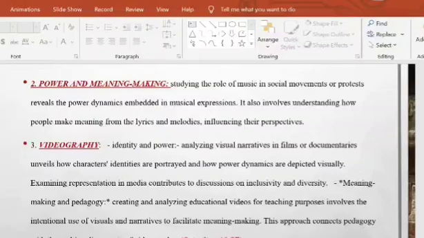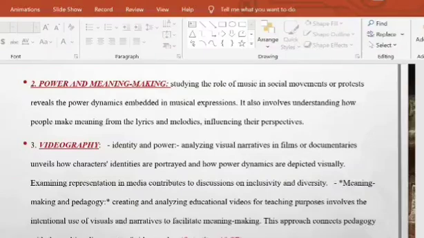Number three, videography, identity and power. Analyzing visual narratives in films or documentaries unveils how characters' identities are portrayed and how power dynamics are depicted visually. Examining representation in media contributes to discussions on inclusivity and diversity.